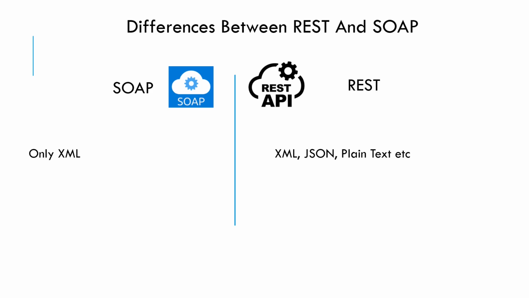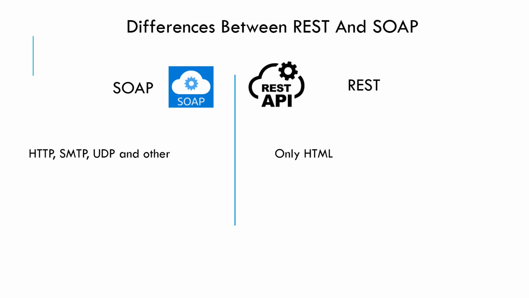If you talk about the data contract or content type, content type in SOAP is only XML, but in REST we can use XML, JSON, plain text, and many more. But the most popular in the REST world is JSON.